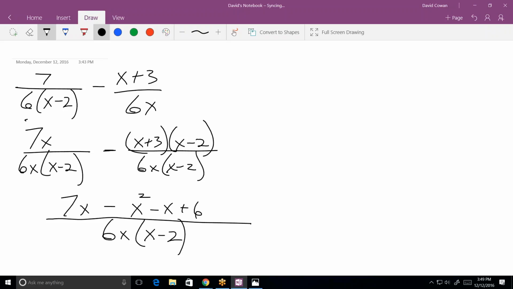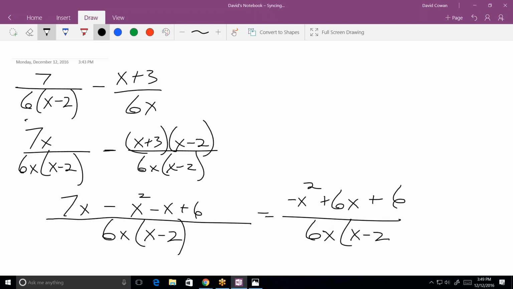Now, if I simplify the top, I've got what? So negative x squared plus 6x plus 6. And then now the question is, is there any way that that top gets you an x minus 2 factor?